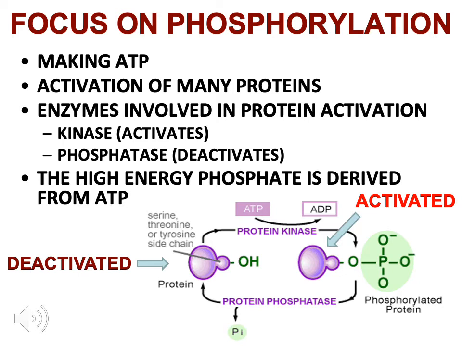So make sure you're aware of the fact that phosphorylation, yes, is a term that is used to identify the making of ATP, but is also a term used to identify the activation of certain proteins. And that activation is a consequence of a high-energy phosphate ultimately derived from ATP to begin with.